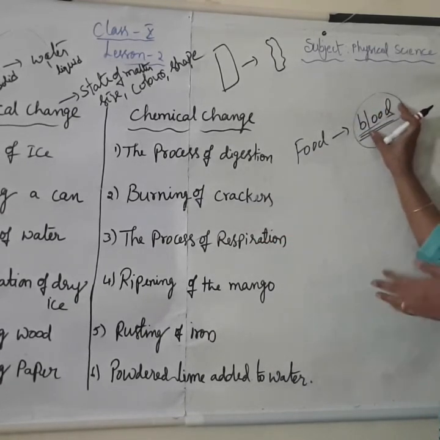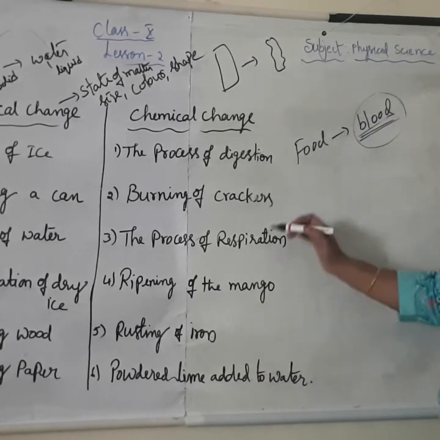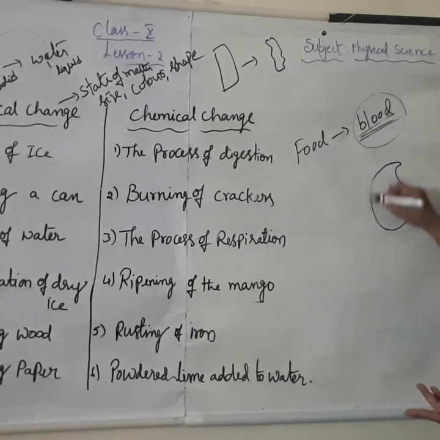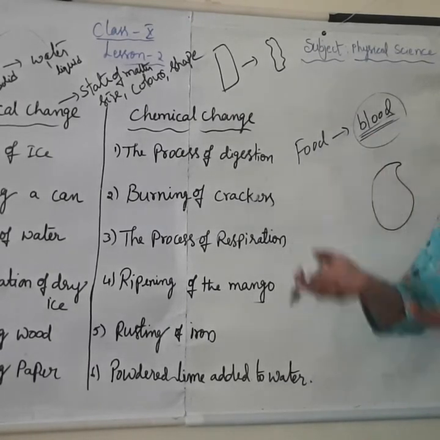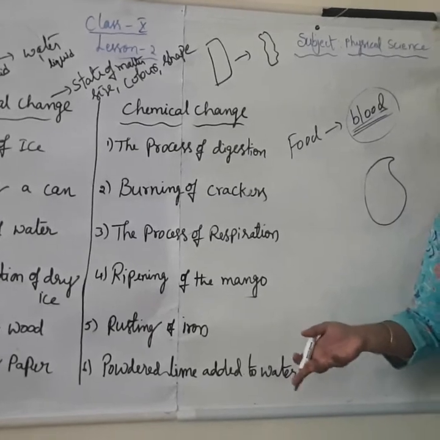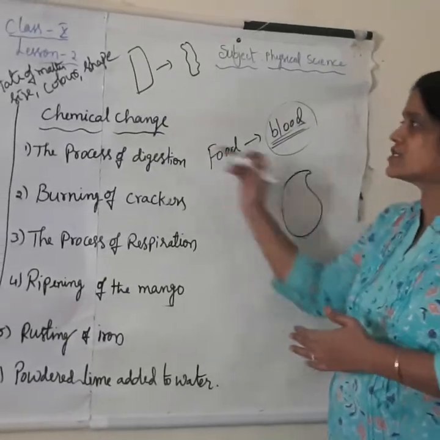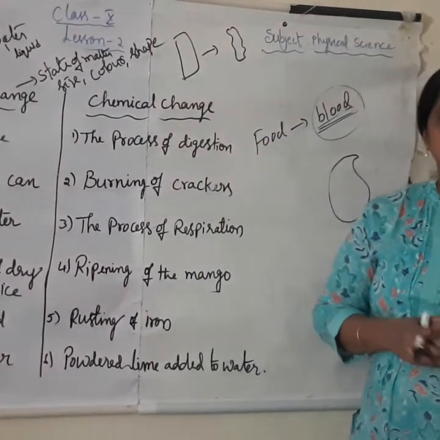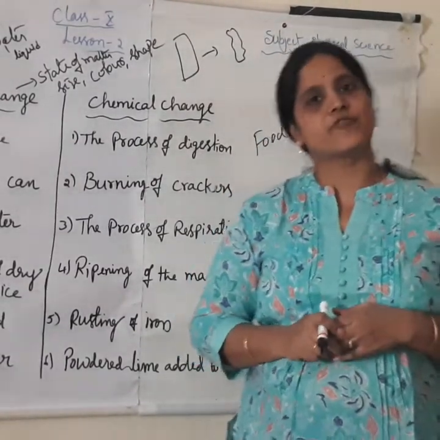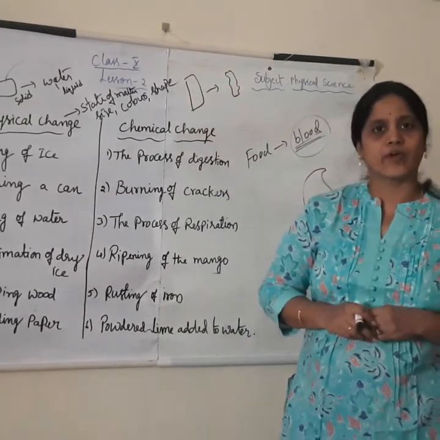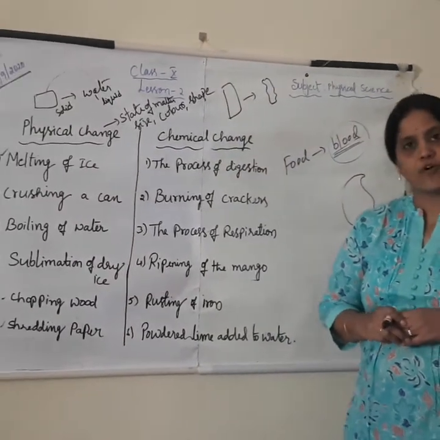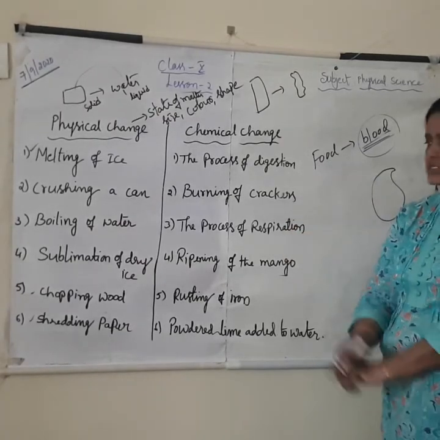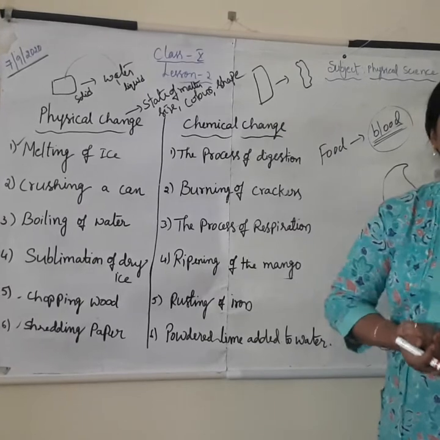From blood you cannot get food. Next, the ripening of mango: a ripened mango can't be made into a raw mango. That type of change comes under chemical changes. In chemical changes, always new substances are forming.